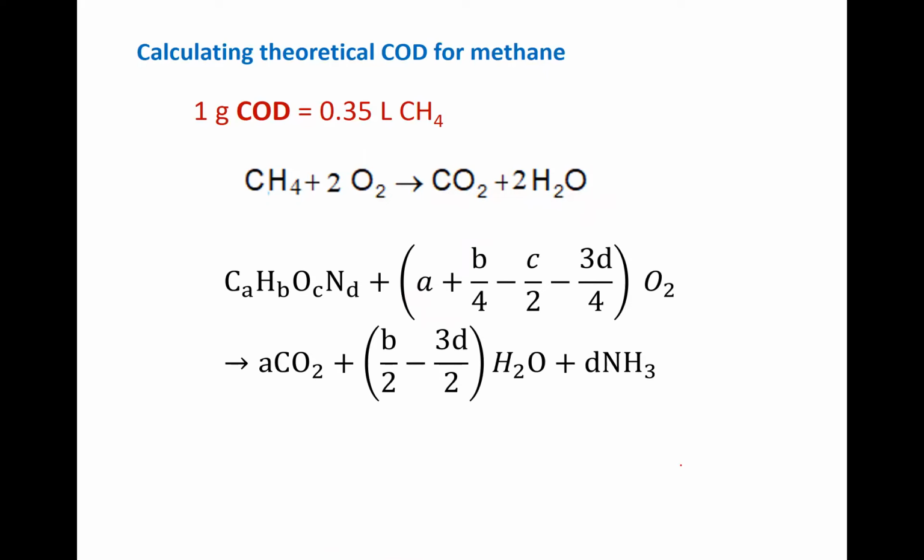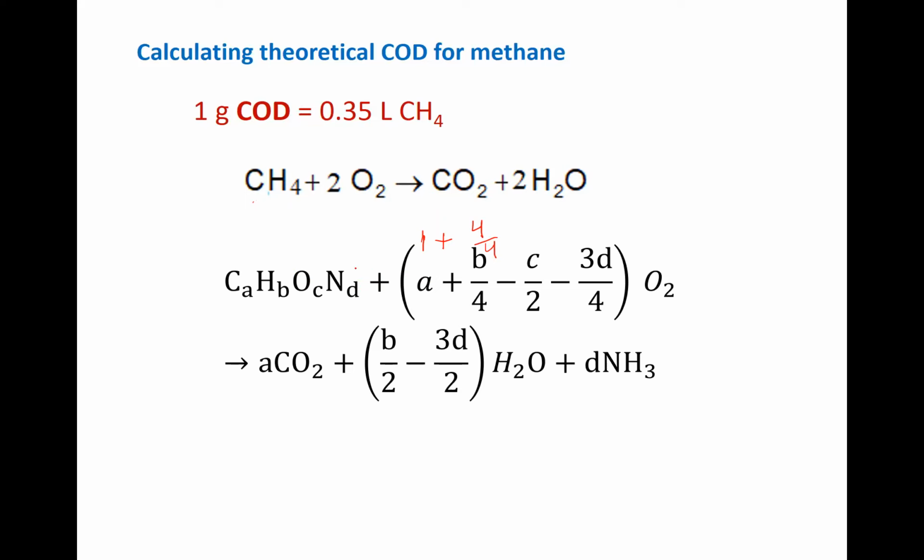How many carbon atoms do I have? I have only 1. So a is equal to 1 here, plus b, the number of atoms of hydrogen, which is 4, divided by 4. Do I have c?